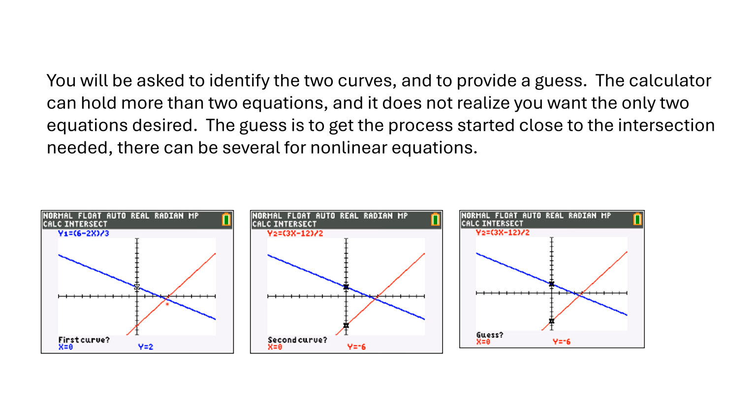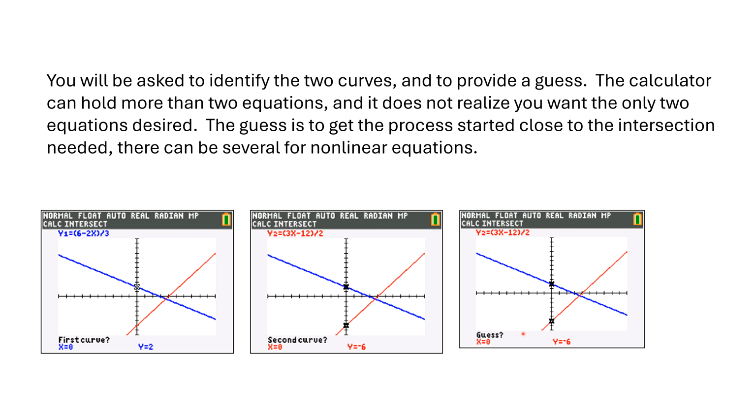So here we see where the intersection is going to be. When I start off, it's going to ask me for the first curve, and there'll be a little blinking symbol right here. That's one of the curves I'm interested in, so I'm going to hit enter. Then it's going to go to the second curve. I've selected it, and this will be blinking, and I'm going to hit enter.